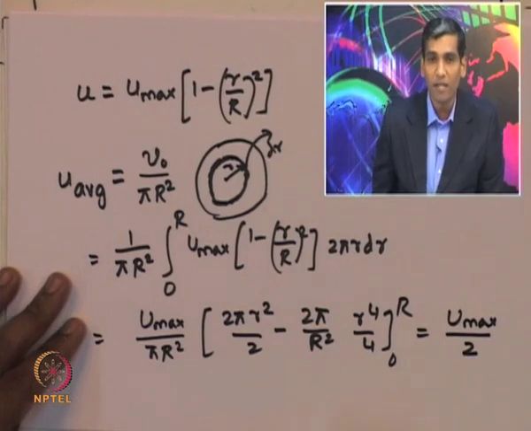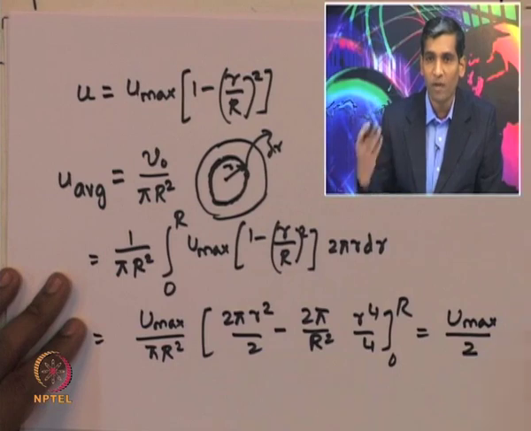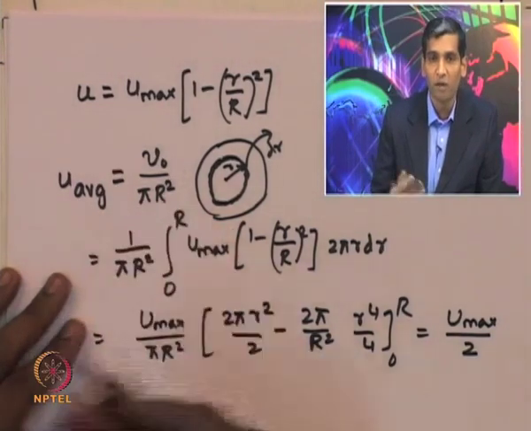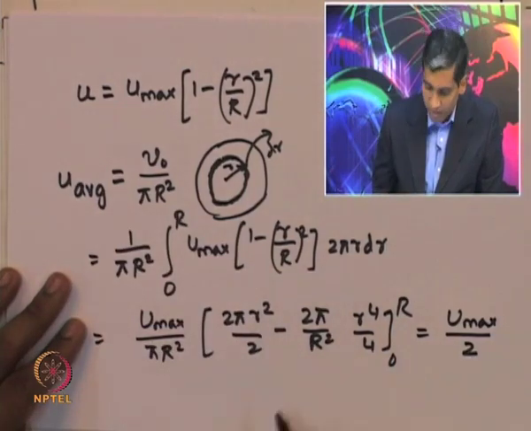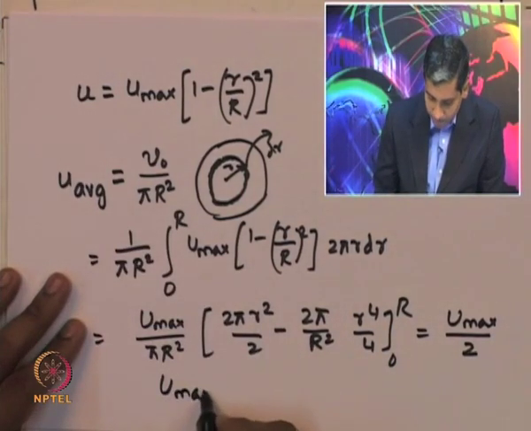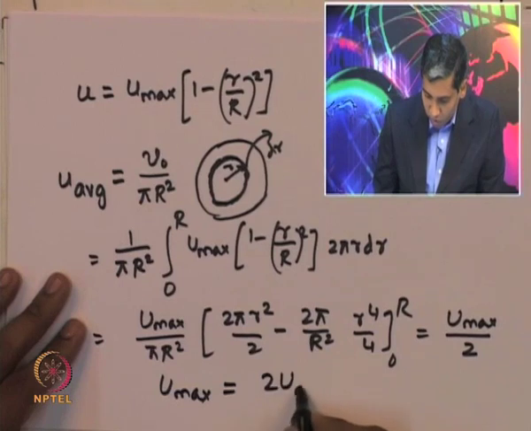So, the maximum velocity is simply twice the average velocity, that is, the velocity averaged over the cross section of the reactor. In fact, the average velocity is also called the cup mixing average, and so u max is equal to 2 times u average.